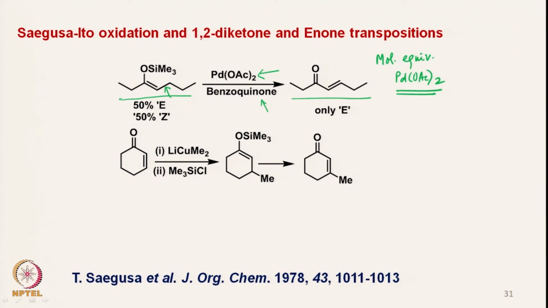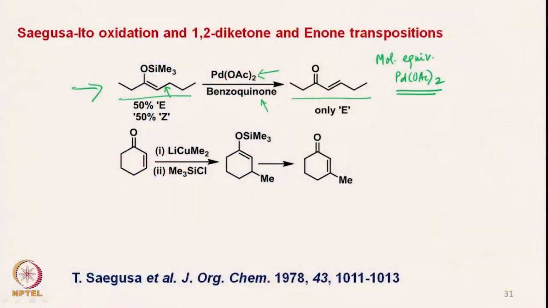But the reaction is very interesting, because once you are in a position to make an enol silyl ether of this kind in a highly regioselective fashion, then the formation of the enone will occur only in a particular fashion. For example, if the enol silyl ether is formed here, then you can always get the double bond in this particular place. It will not go onto the other side.